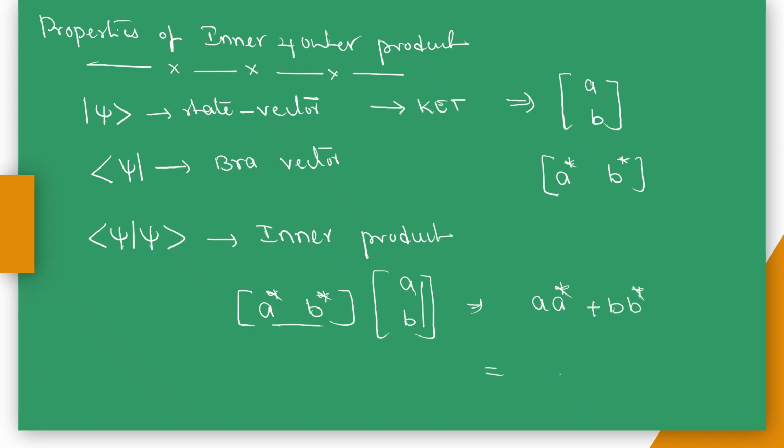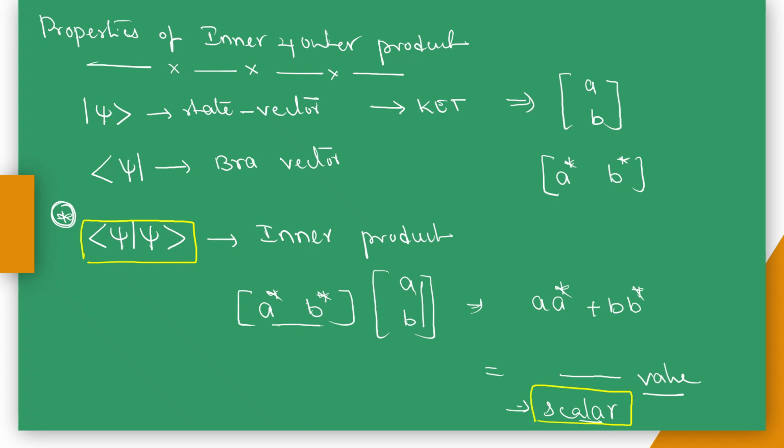This gives a value, so this is also called a scalar. So the conclusion is the inner product between two state vectors gives the result in terms of a scalar. So the inner product yields a scalar value. This is the first property related to the inner product.